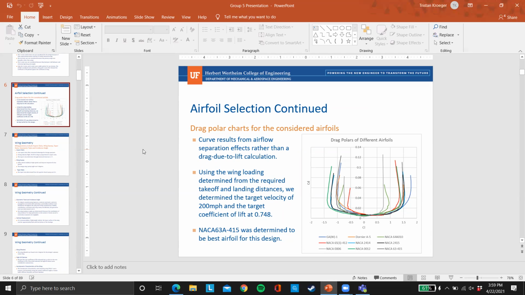Then I can see, okay, this one indeed has the best lift coefficient, or for the same angle of attack this airfoil has the highest lift coefficient, or the highest angle of attack when it stalls. So we need to combine all these to make our decision. That's why we want to see this for the airfoil.